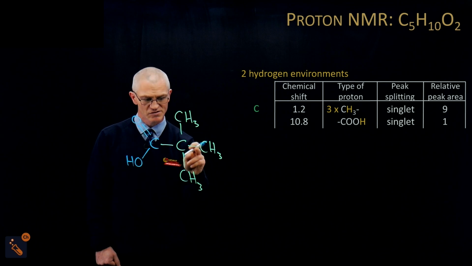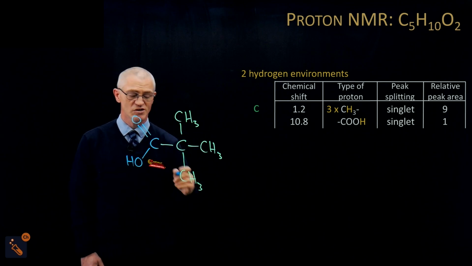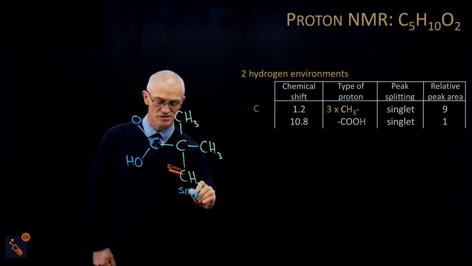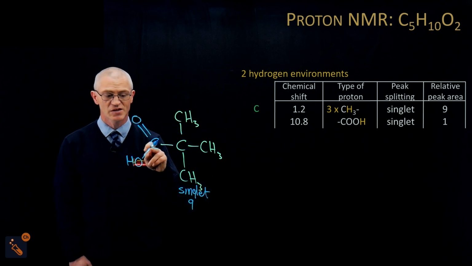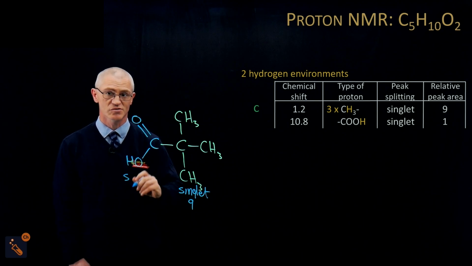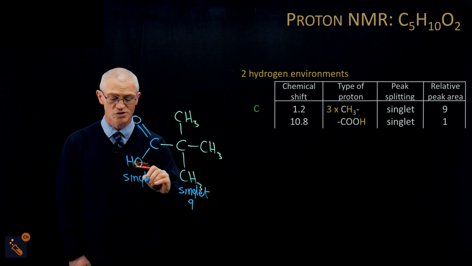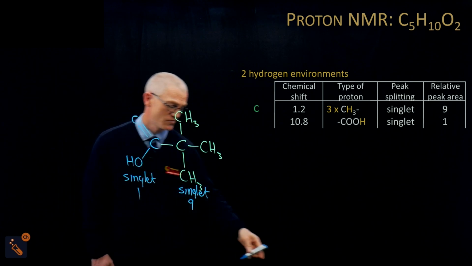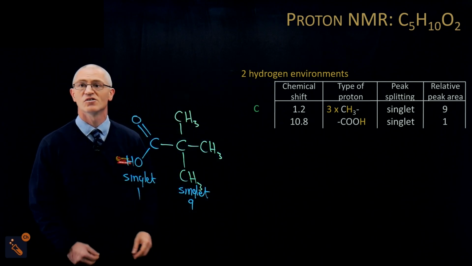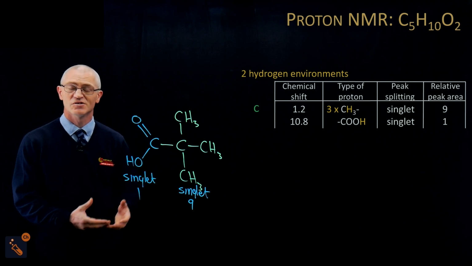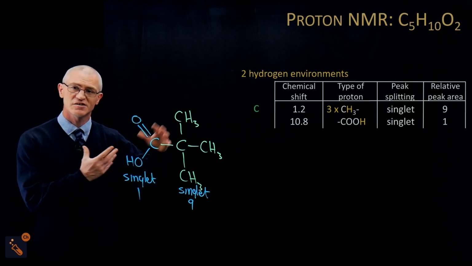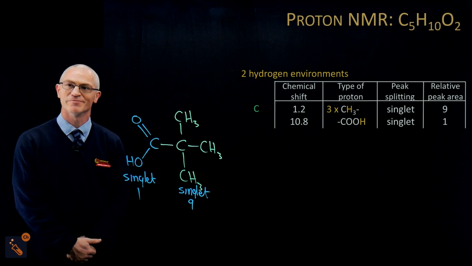They are connected to a carbon with no hydrogens on, so I would see a singlet with a relative peak area of 9. For this one, I would see a singlet this time because the hydrogen does not couple through the oxygen. The oxygen blocks it, and it would be a singlet with a relative peak area of 1. And that is how you recognise a carboxylic acid and a group with 3 CH3s around it.